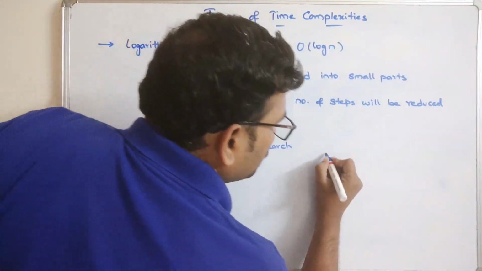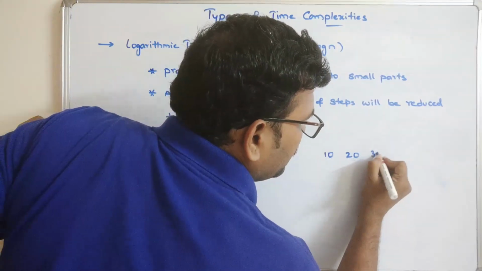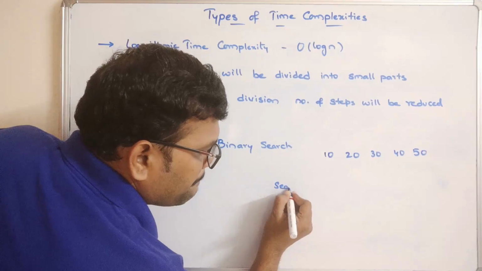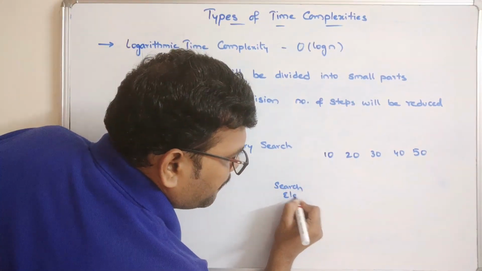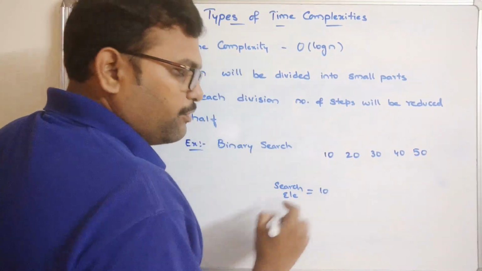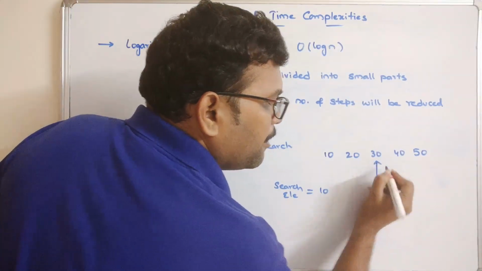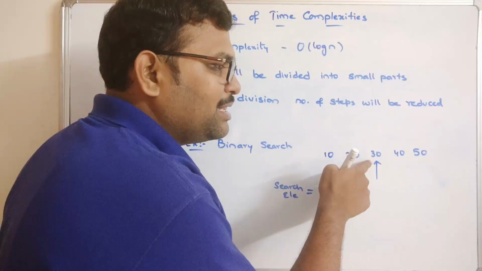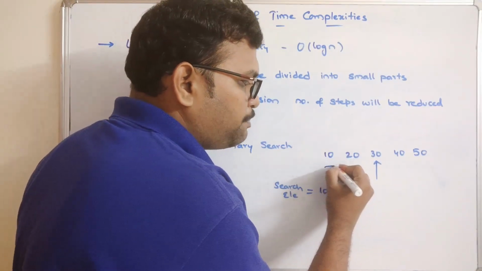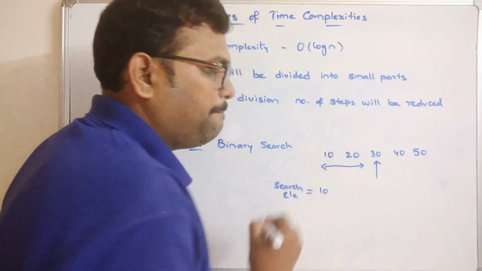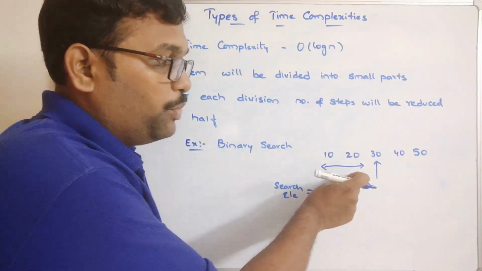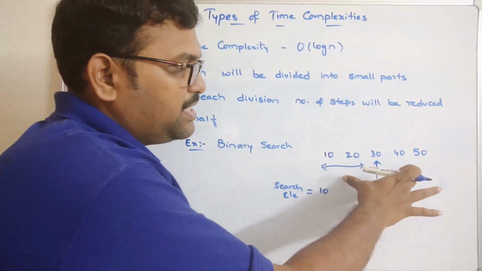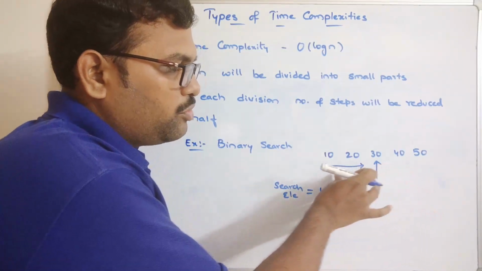For example, 10, 20, 30, 40, 50. If the search element is 10, in the first iteration it will find the mid. 10 is less than 30, so the next search space will be this one. That means after every division, the complete steps are reduced to half.